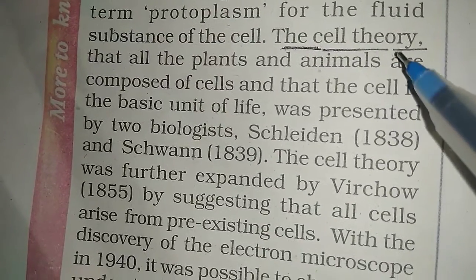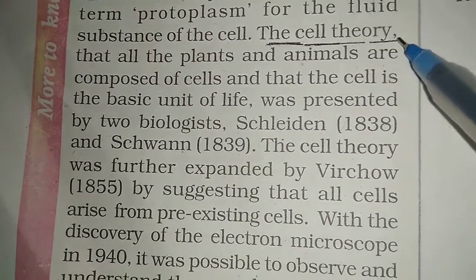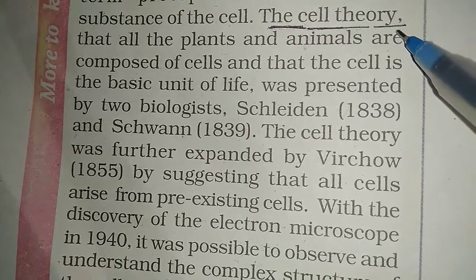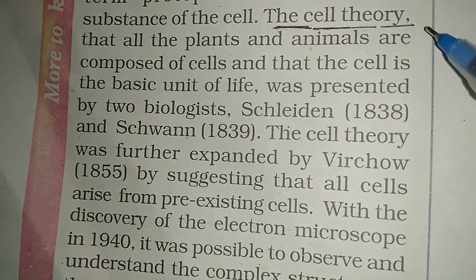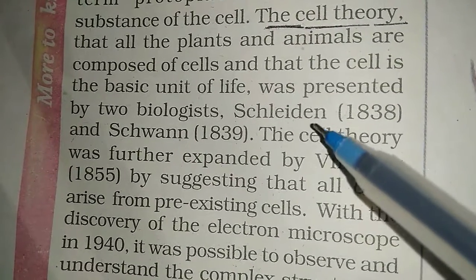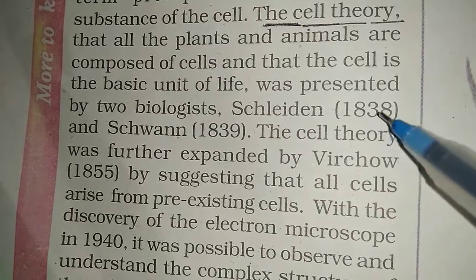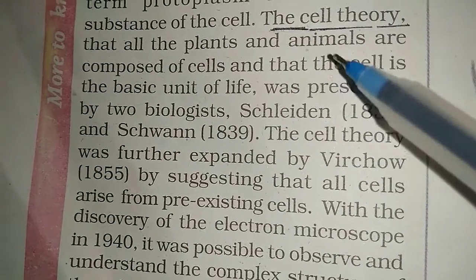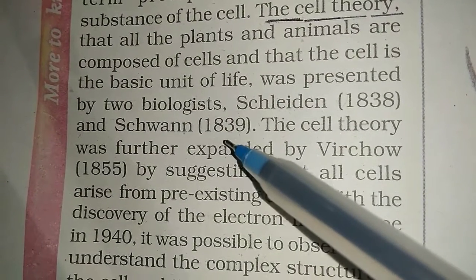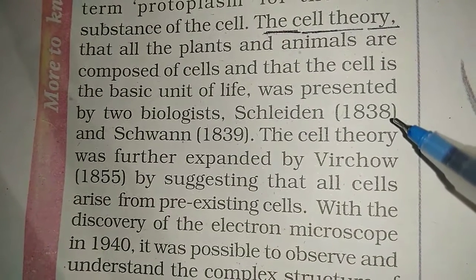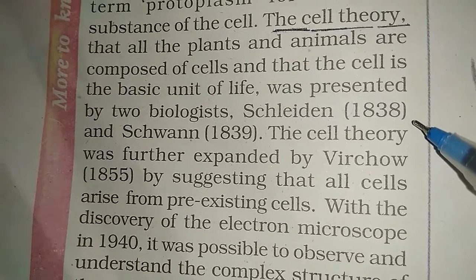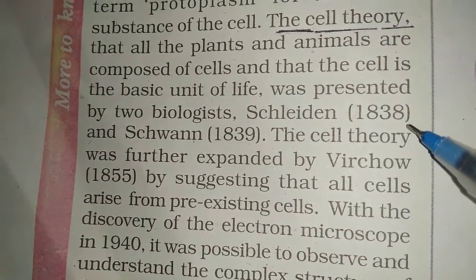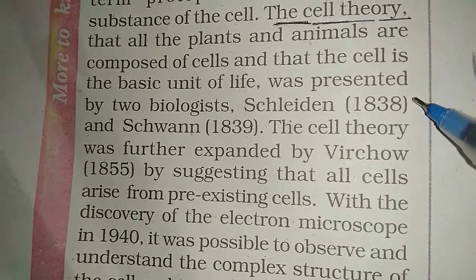So students, now we know about the cell, and there were two scientists, Schleiden and Schwann. Schleiden was a botanist. And who are the botanists? Those who study plants. And Schwann was a zoologist. So Schleiden studied the plant cell, and he said that all plants are made up of cells.